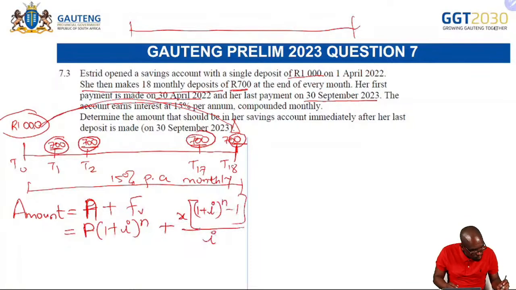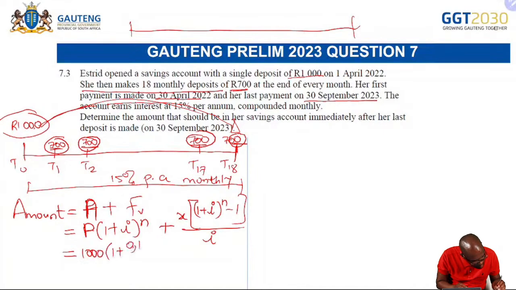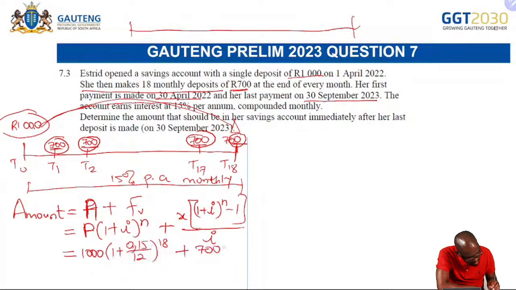So basically what I'm going to have here is my P is 1000, (1 + 0.15/12)^18, plus I'm making 700s. I'm having a 700 deposit that is made every month.